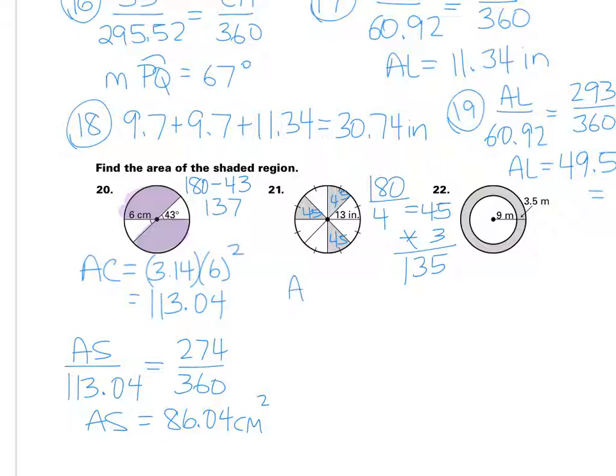So area of the whole circle, 3.14 times 13 squared, 530.66.